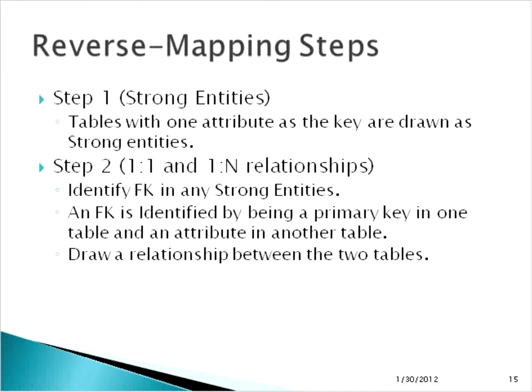So order number is probably the foreign key of items. So there's probably a one-to-n relationship from order to items. So in a one-to-n relationship, you typically take the key from the one side and put it on the n side. So we took it from the one side, which is order, and put it on the n side, which is items.